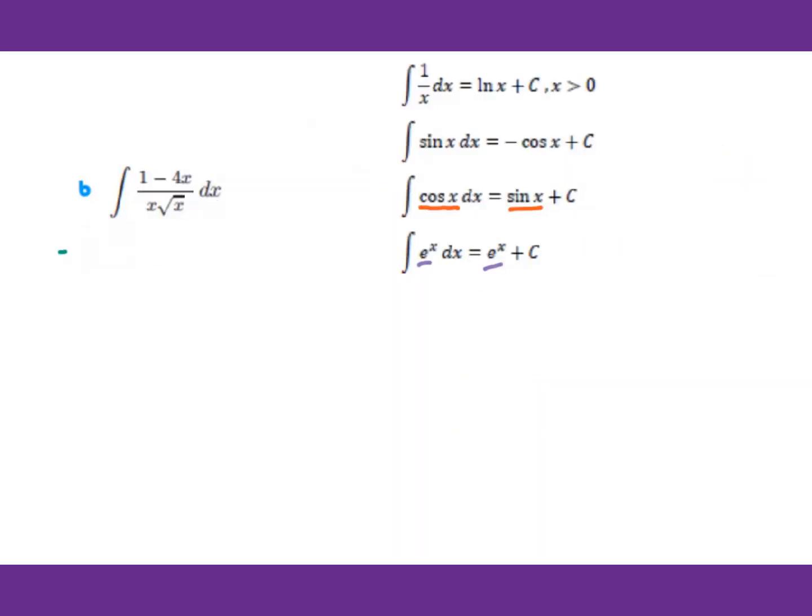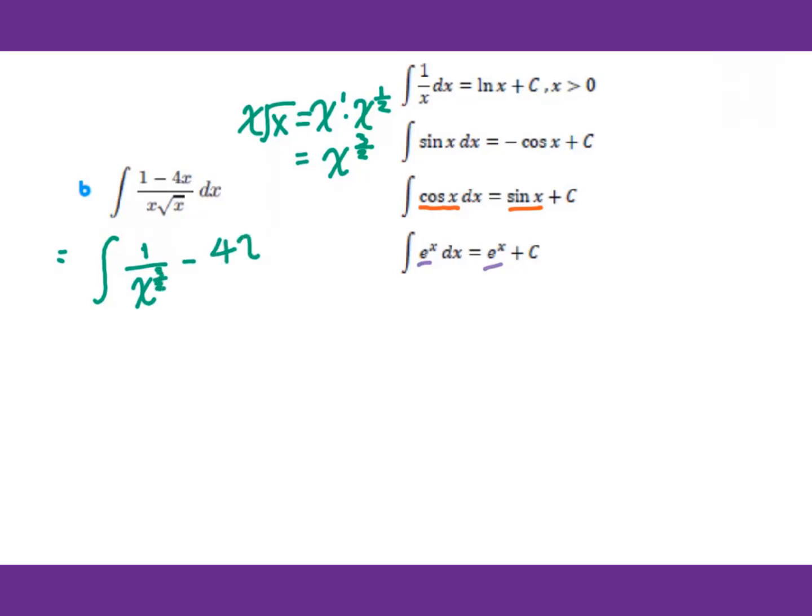For B, you will get x squared of x, that is x to the 1st power times x to the 1/2 power. So you will get x to the 3 over 2nd power. Then 1 over x to the 3 over 2nd power minus 4x over x to the 3 over 2nd power, we do dx.